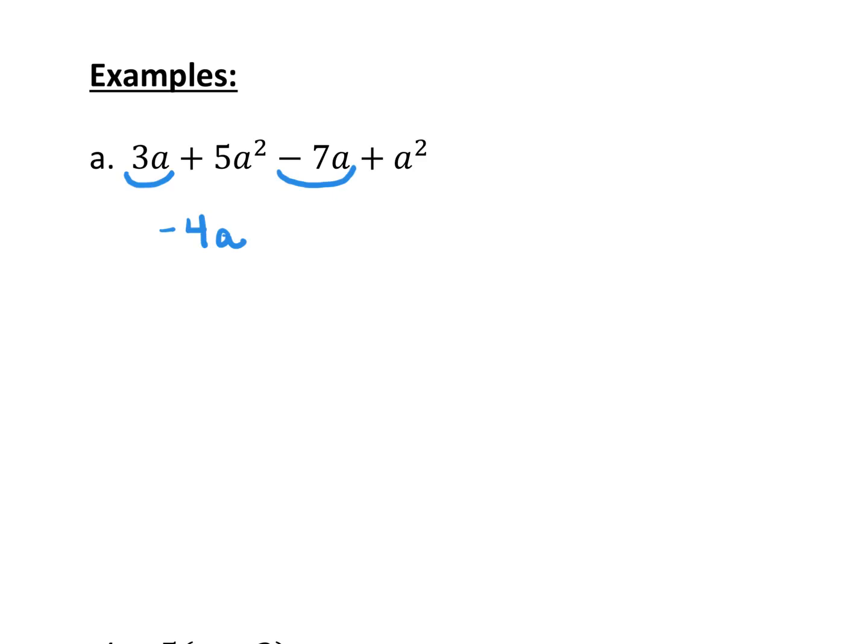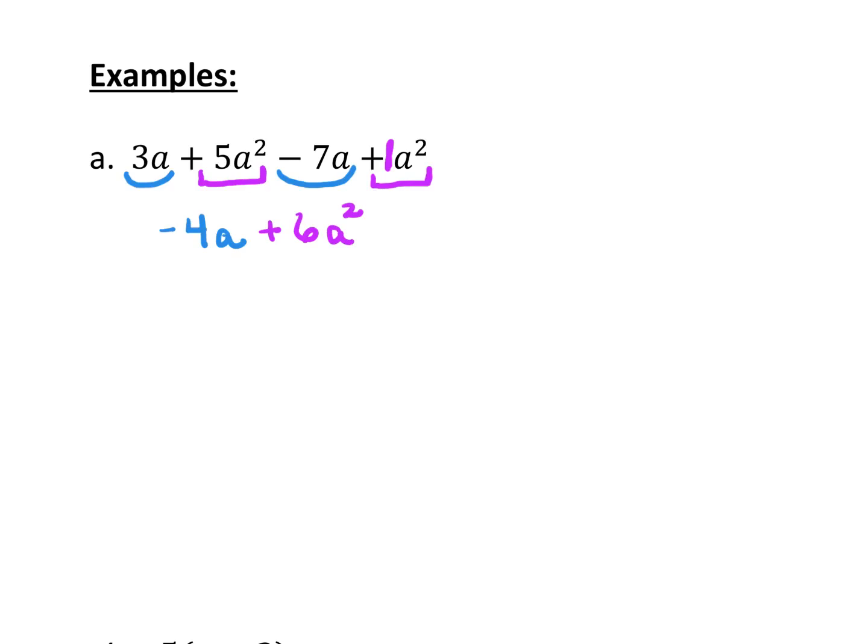All right, is there anything else that we can combine? And we can. Here I have a 5a squared, and it can combine with a squared. And just a reminder, if there is no number in front, it is implied to be a 1. And so again, we add our coefficients and we get 6. We keep our variable and we keep the exponent. When simplifying, you can think of the variables kind of as units.